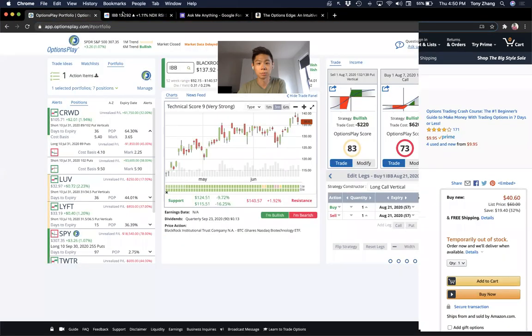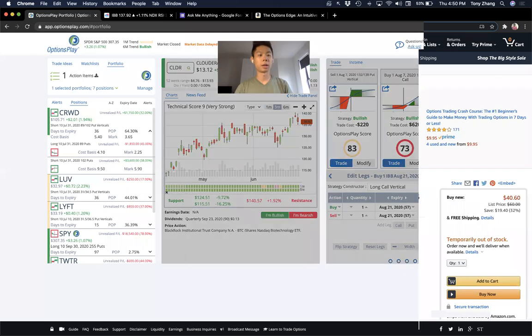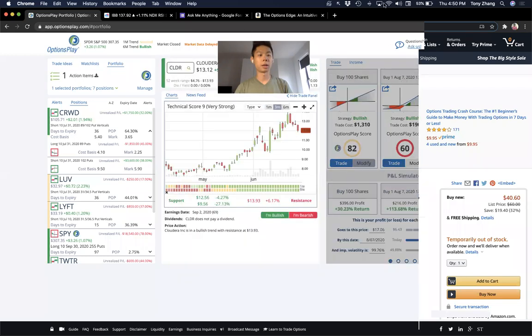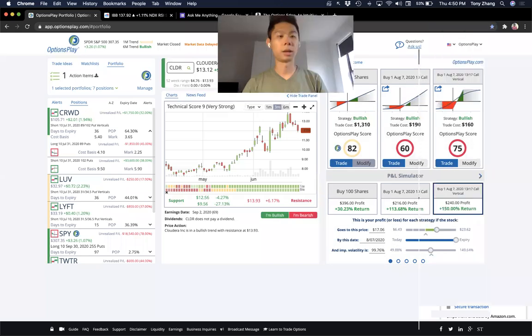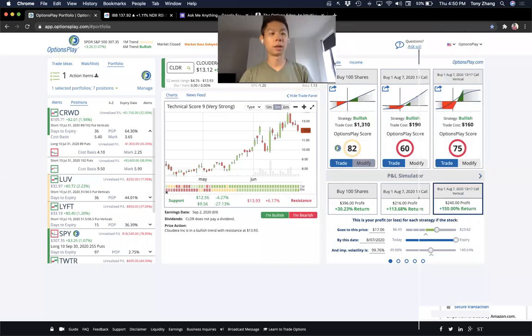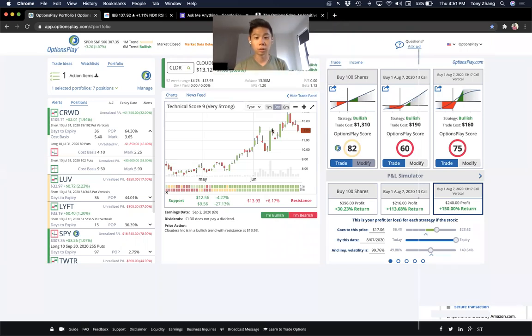Let's see. Someone wants to take a look at CLDR. I have no idea what CLDR is... Cloudera. So a lot of the cloud stocks are very interesting plays at the moment. Very strong stock from a technical perspective. 1 month and 6 month trend is bullish.